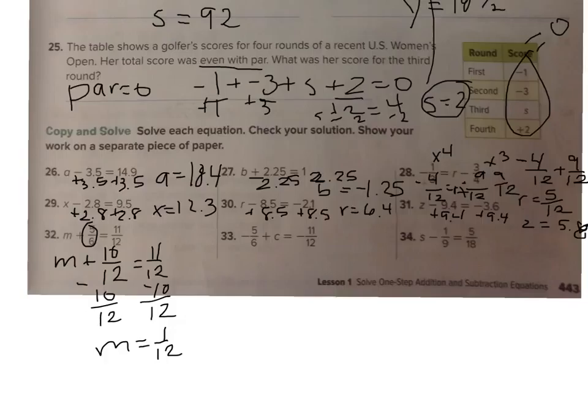Now for 33, we're going to do the exact same thing. The negative 5/6 turns into a negative 10 twelfths, and then plus c equals a negative 11 twelfths. And so now you see we have a common denominator, and now we can get c to be alone.